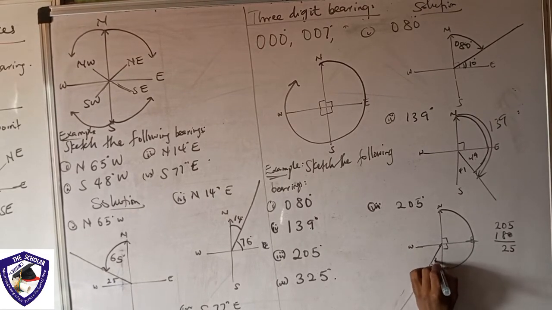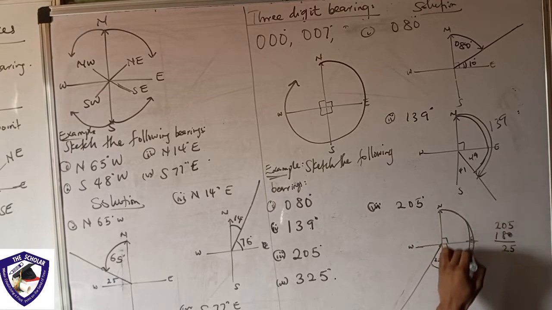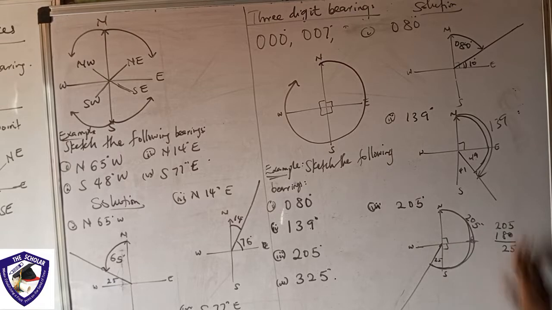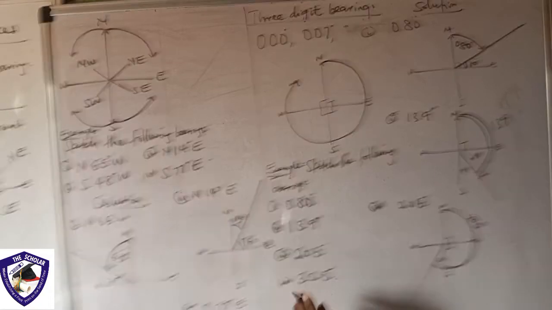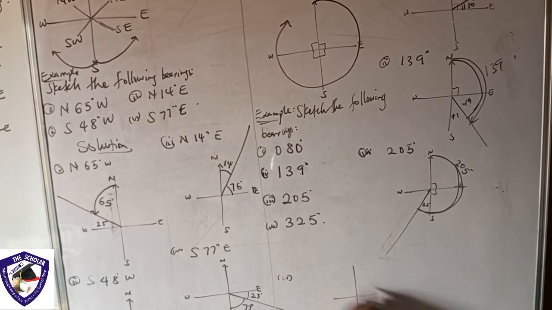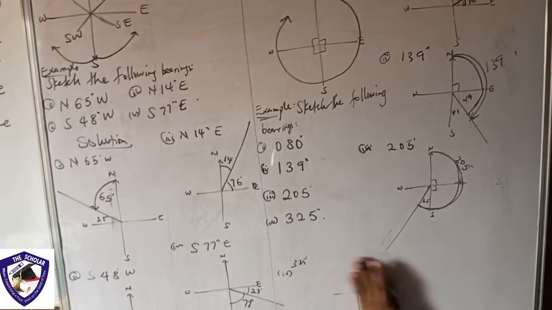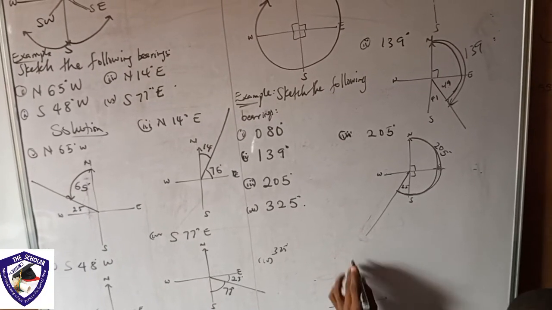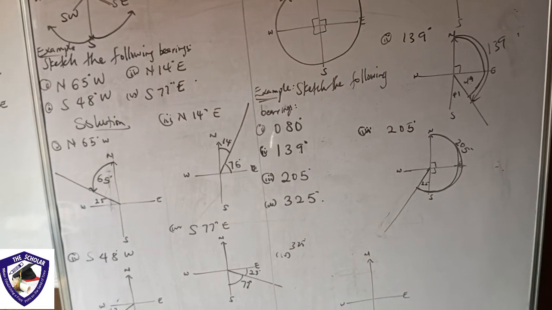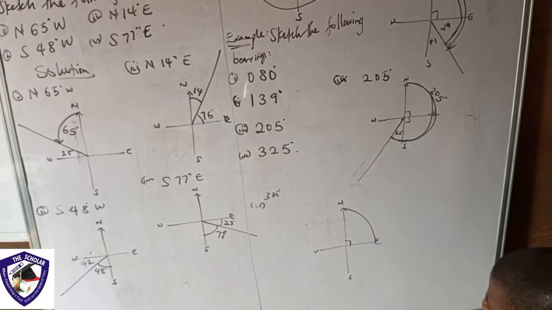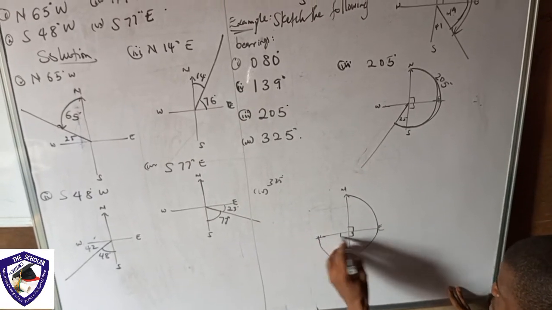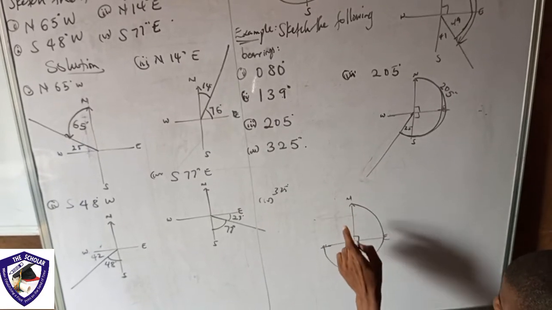So the remaining portion is 25, but this complete rotation like this is 205 degrees. Then the fourth one, we have to sketch 325 degrees. North, south, west, east. We are moving the same way. First rotation, that's 90. Second rotation, that's 180. Third rotation, that's 270. So automatically my 325 will be here.